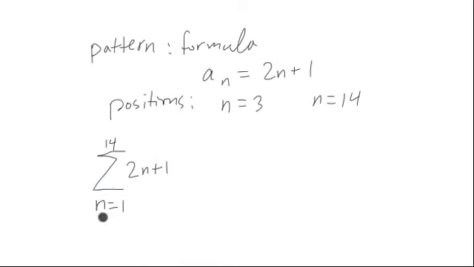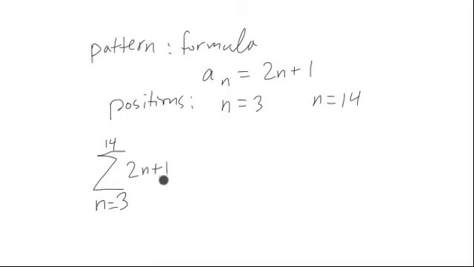So 1 to 14, if we were starting at position 1. In this particular case, I wanted to start at position 3, so we'll write a 3 down. So go from position 3 to position 14 and add up all the terms from those positions in this particular sequence.